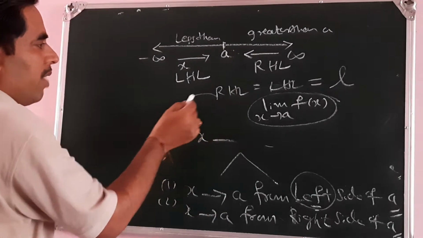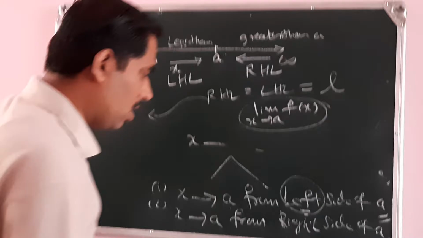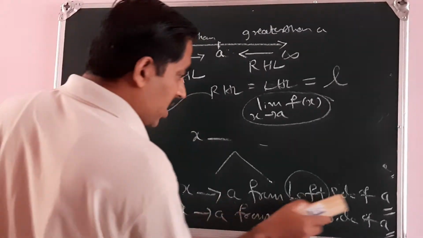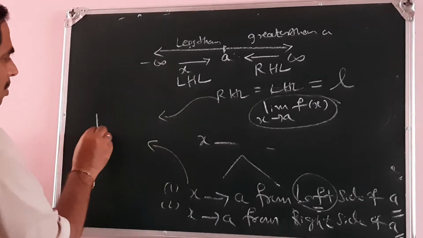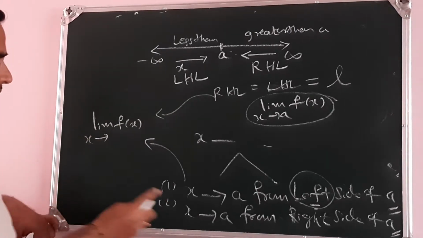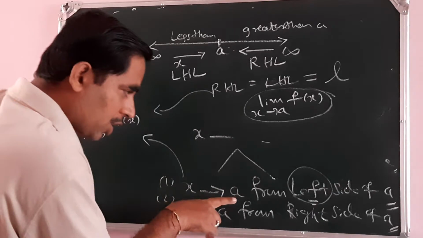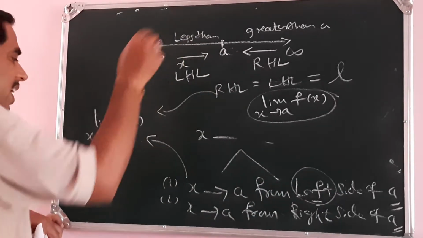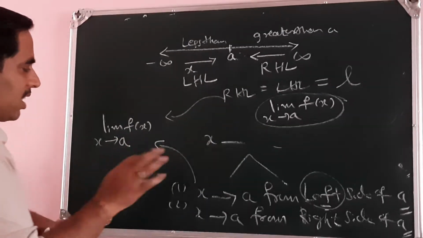For this we also have a symbol. Right hand limit and left hand limit we are telling in words. So how can we write x tends to a from the left side of a? Limit of the function f of x as x approaches a from the left side, meaning less than a, it will take the values less than a. If I simply write x tends to a, it will indicate just that.